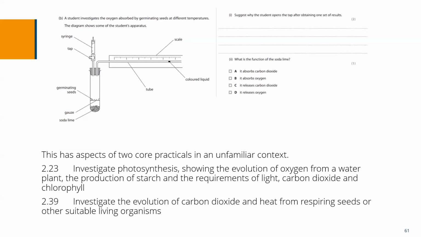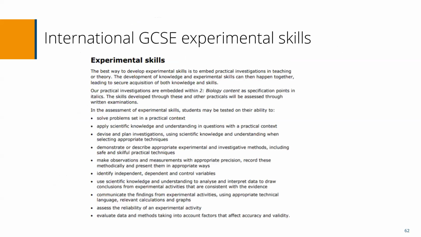Suggest why the student opens the tap after obtaining one set of results. I've just done that. And what's the function of soda lime? Both of those questions I can now answer just by thinking through what was going on. And you can see the spec points that the question was related to. Okay, so for the experimental skills, here's a list of the skills behind them that it's important that they need to do.